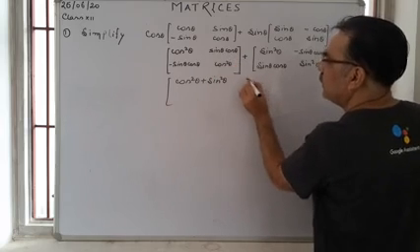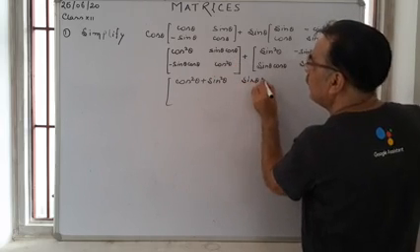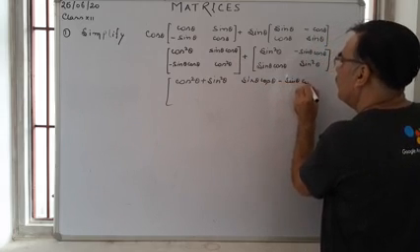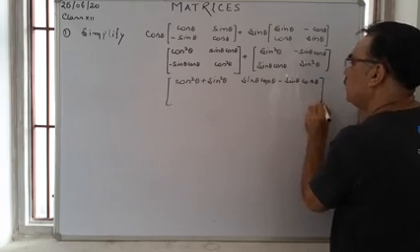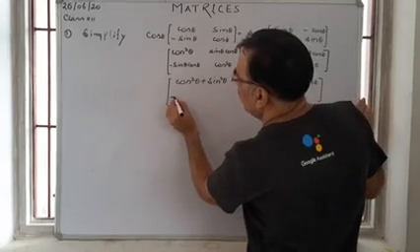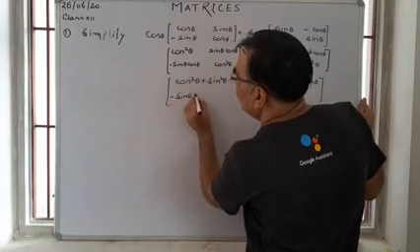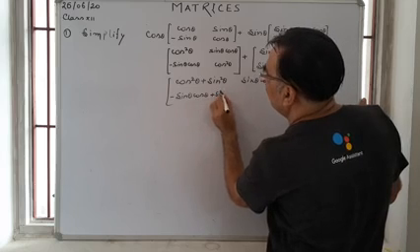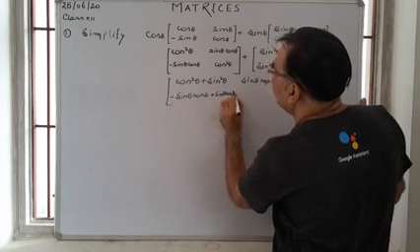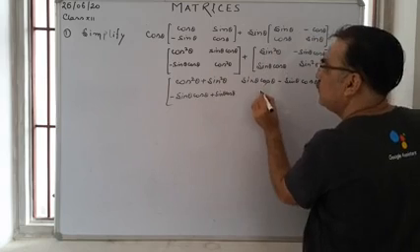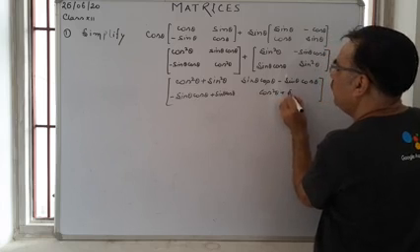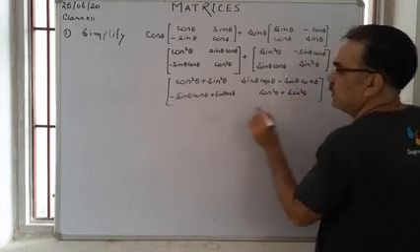So sin theta cos theta minus sin theta cos theta, here minus sin theta cos theta plus sin theta cos theta, and here cos square theta plus sin square theta.